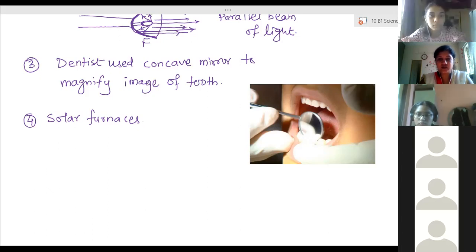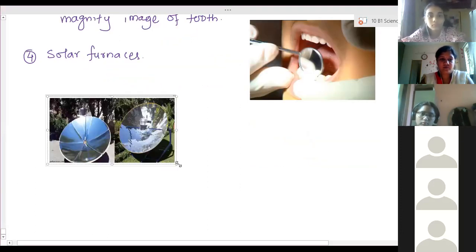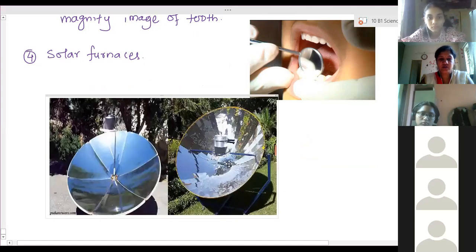One second, I can show you. This is one of the modern solar cookers also. These are actually solar cookers. And like this, solar water heaters or solar furnaces can also be prepared.